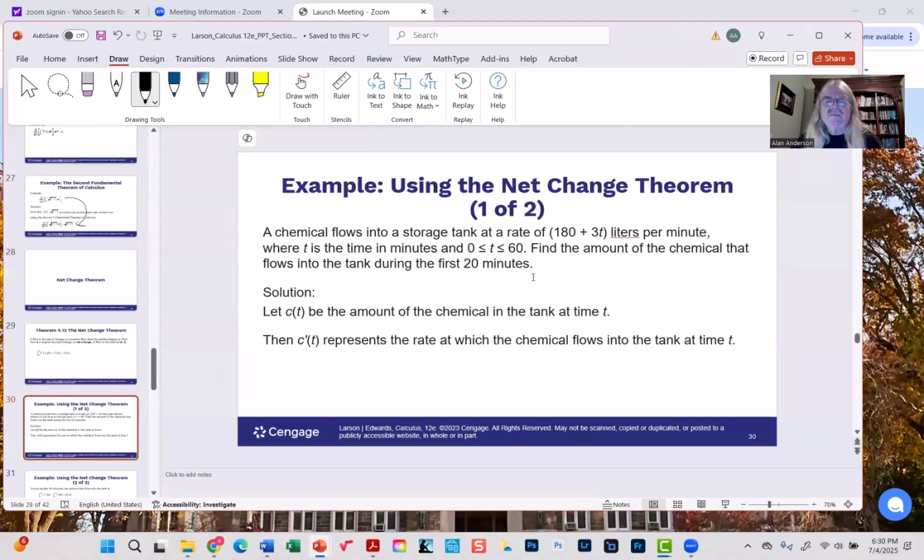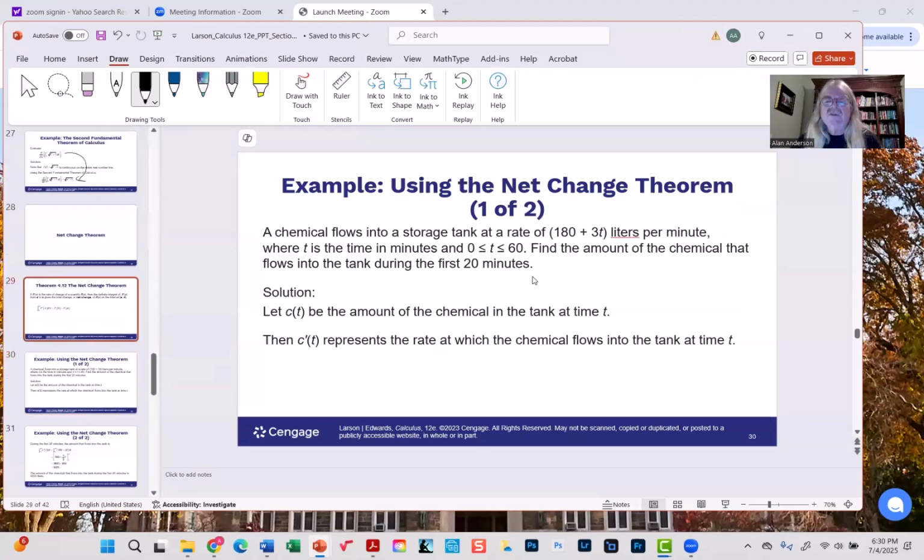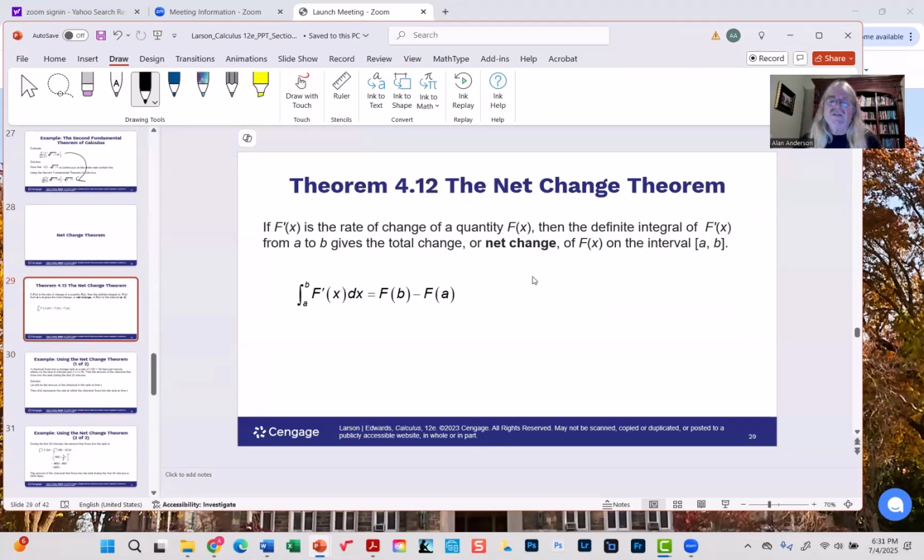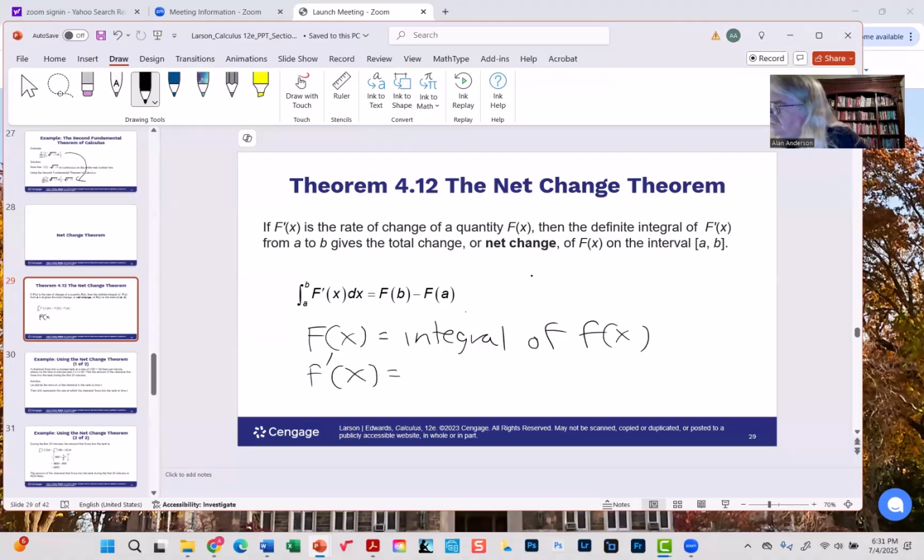Now we have this net change theorem, which is useful for certain applications, especially in physics. You see the way it's written. Remember, capital F of x is the integral of lowercase f of x, and capital F prime of x is the first derivative of capital F of x, which in turn is simply equal to lowercase f of x.